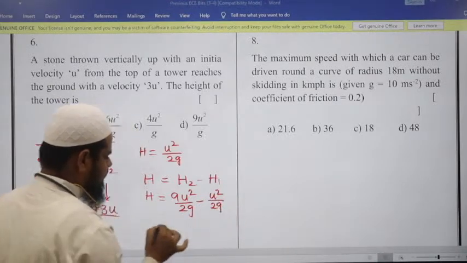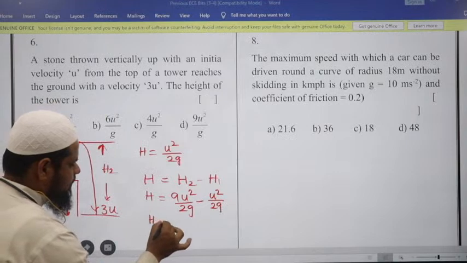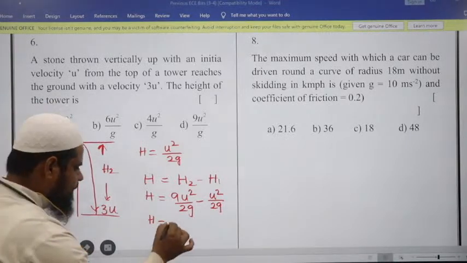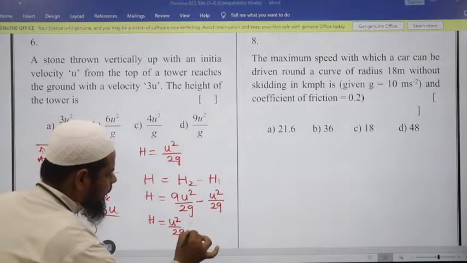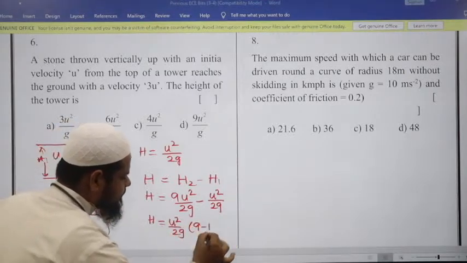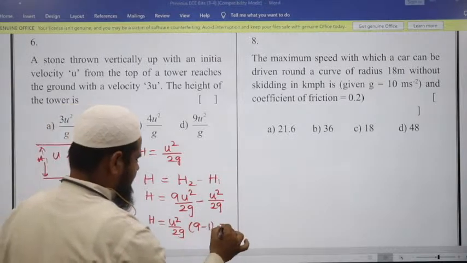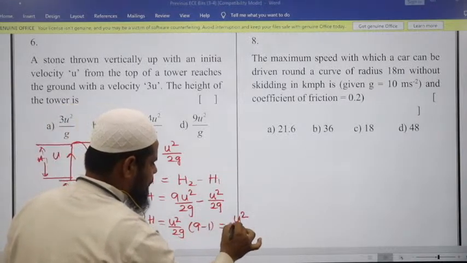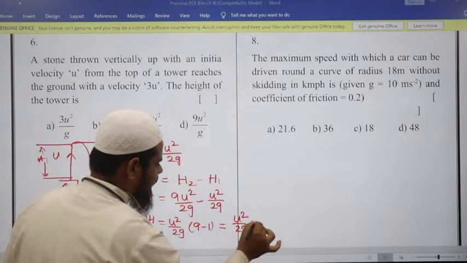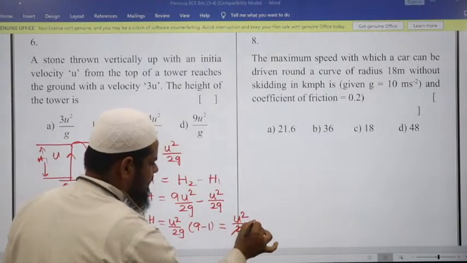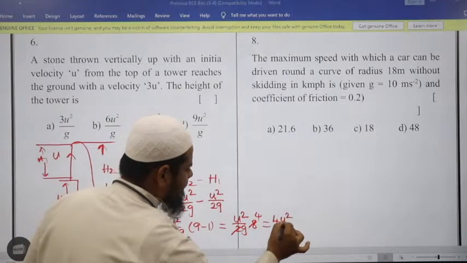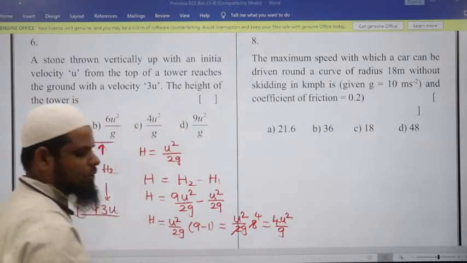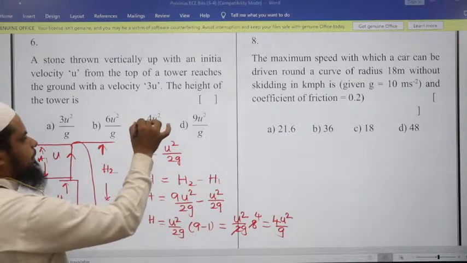So h is equal to u square by 2g into 9 minus 1, that is u square by 2g into 8, 2 1s are 2, 4s are 4u square by g. That is our answer, 4u square by g.